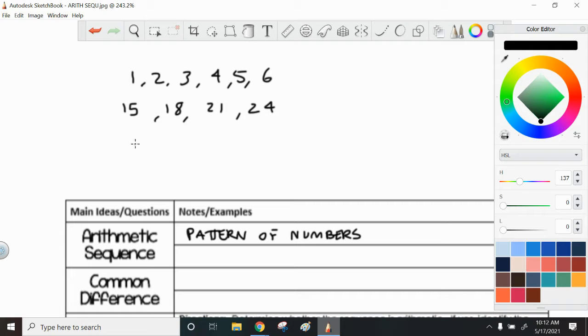We could have patterns like 1, 1, 2, 3, 5, 8, 13. And we could have patterns like, I don't know, 2, 4, 8, 16, and 32.